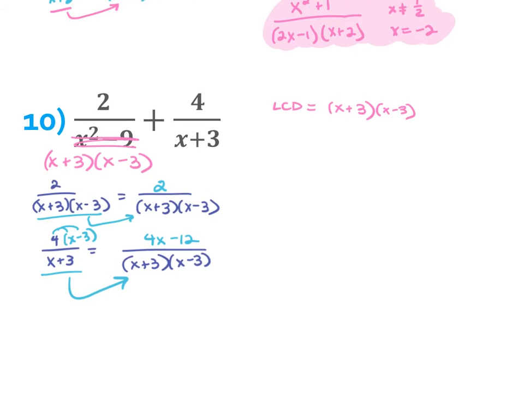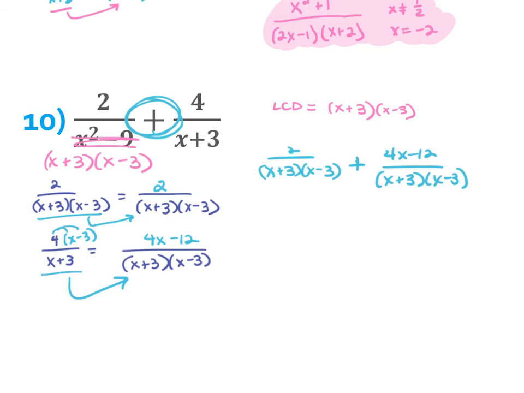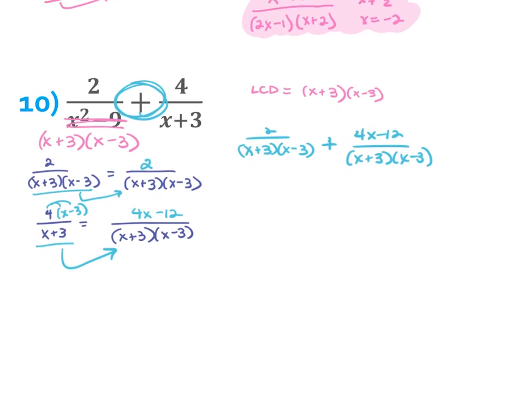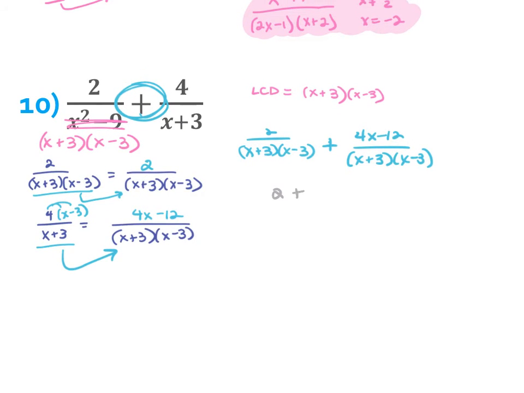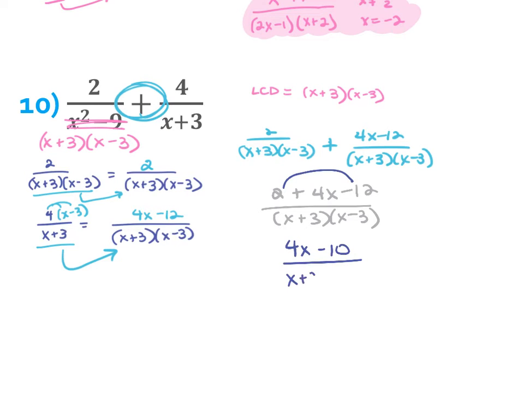And then I rewrite my fraction sum, 2 over x plus 3, x minus 3. This time it's a plus: 4x minus 12 over x plus 3, x minus 3. Because it's a plus, I just combine my numerators. 2 plus 4x minus 12 over x plus 3, x minus 3. Combine my like terms here: 4x minus 10 over x plus 3, x minus 3.